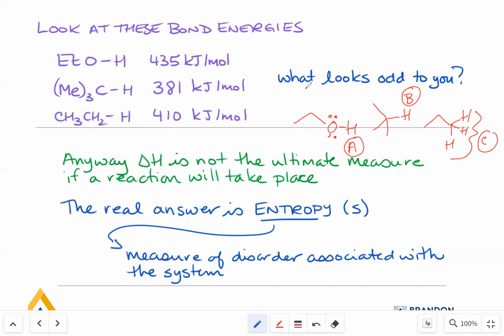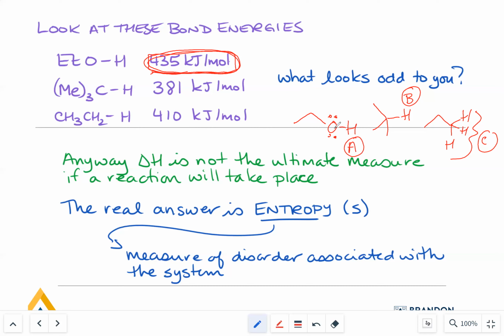So the next question is, if A is the most acidic, and you look at these bond strengths over here, A has actually got the strongest bond. So why would it be easier to break this bond of A? Because that's basically what we're saying.